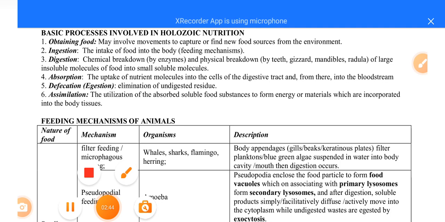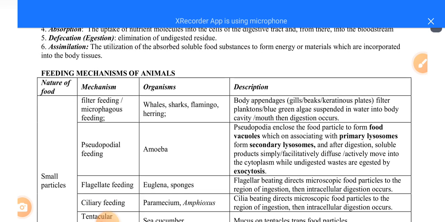Then from there, allow me to talk about the feeding mechanisms of animals. Here we have the nature of food, and we are going to begin with organisms which feed on smaller particles. We have to look at the mechanisms, then organisms, and the description of these mechanisms. One, we are going to look at filter feeding, the microphagous feeding.